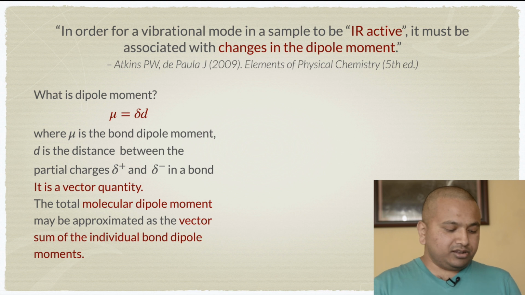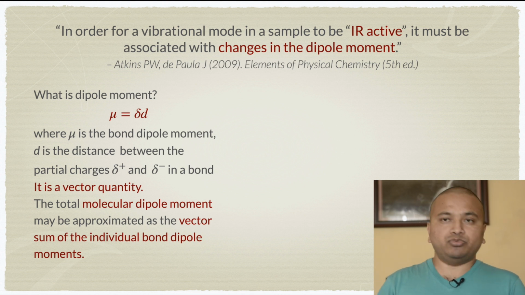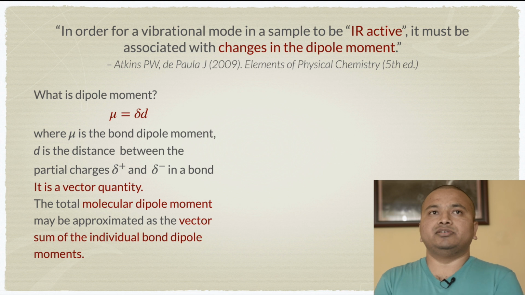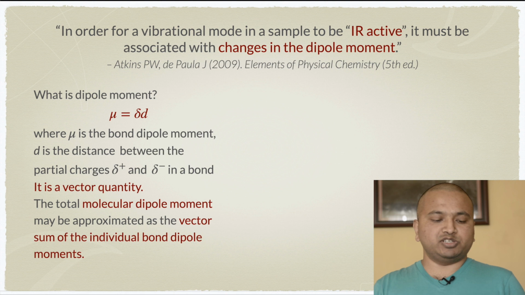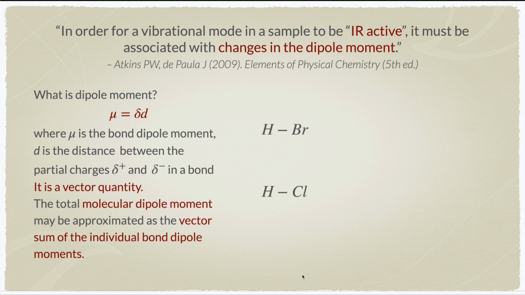That is one of the important things that we need to remember. For a molecule, the total molecular dipole moment is approximated as the vector sum of the individual bond dipole moments. So the dipole moment of a molecule will be the sum of all these small bond dipole moments. Now let's take a look at these examples. For a bond to be polar, the electronegativity of the two atoms should be different, like hydrogen and bromine, hydrogen and chlorine.